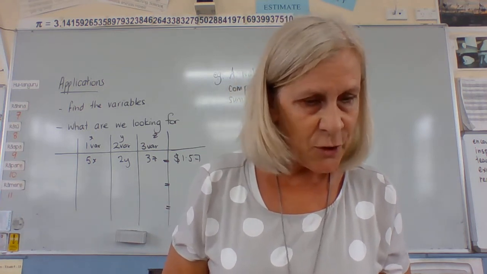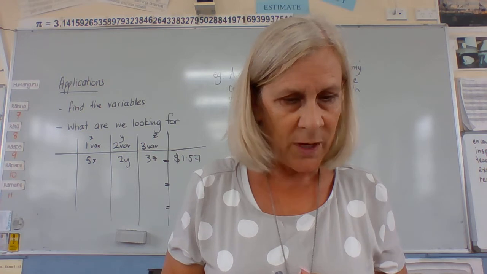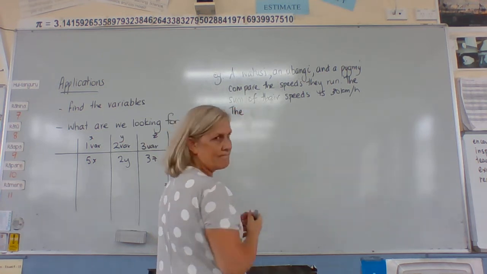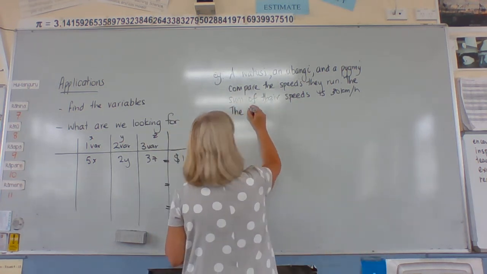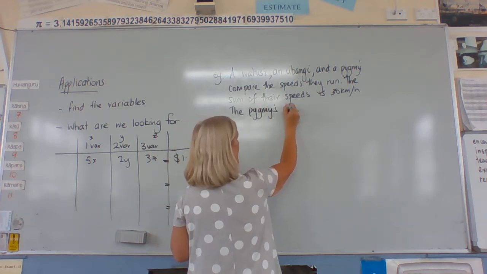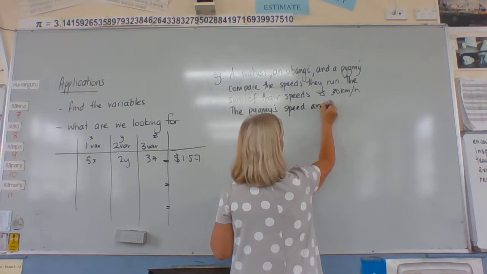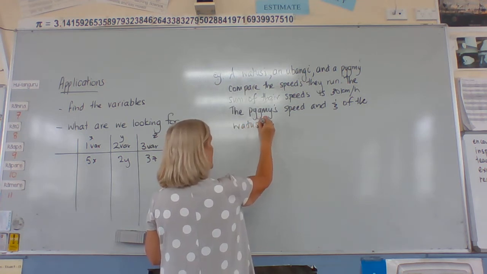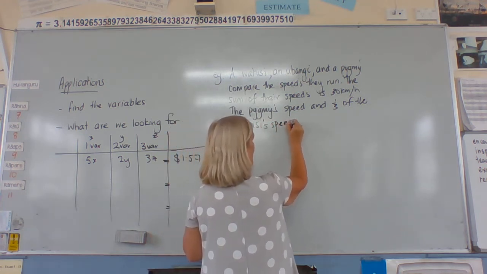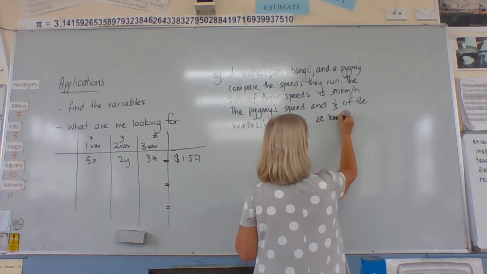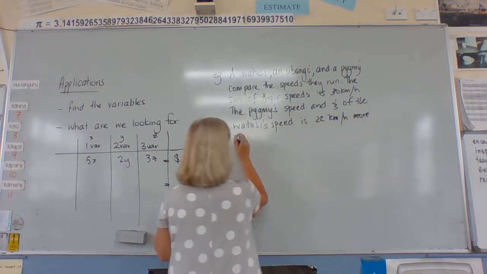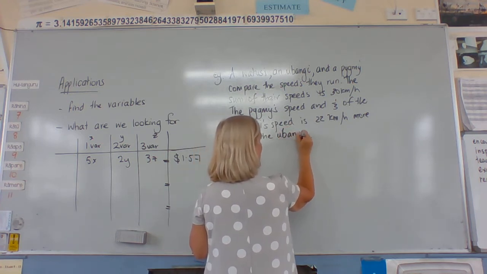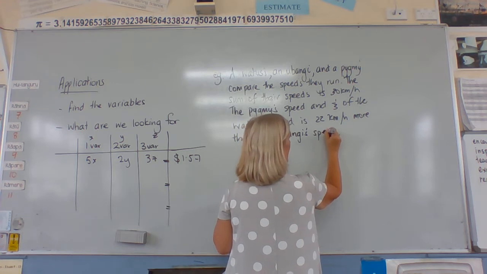The pygmy speed and a third of the Watusi speed is 22 kilometres an hour more than the Ubangi speed. That's 2 hints.